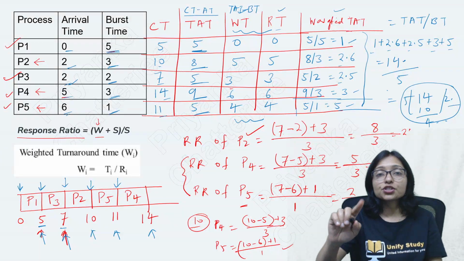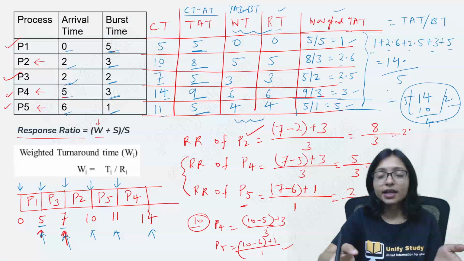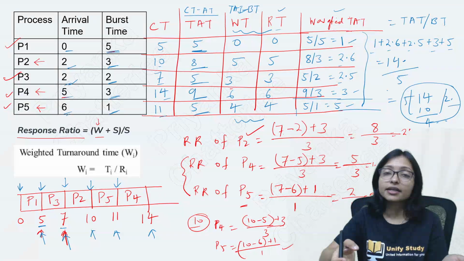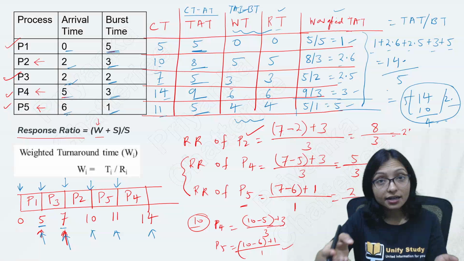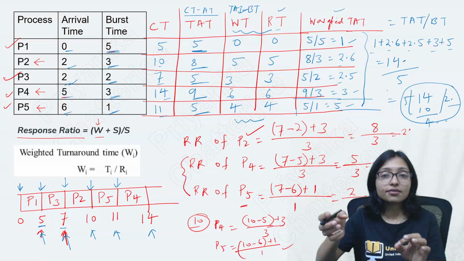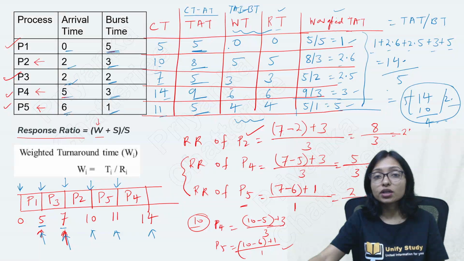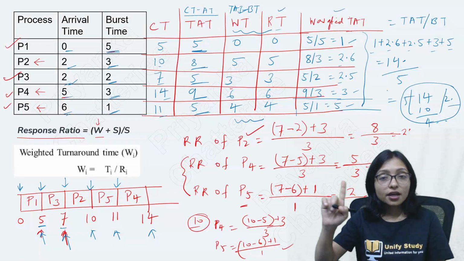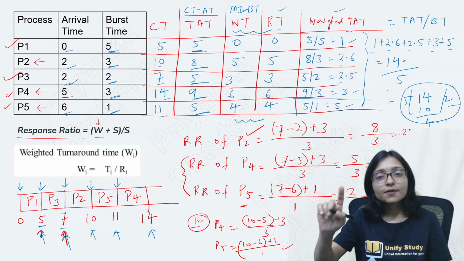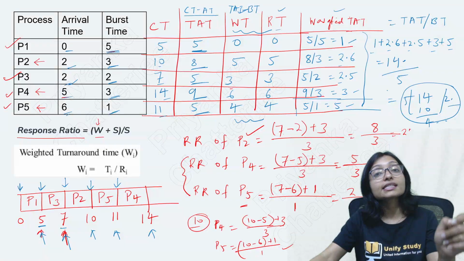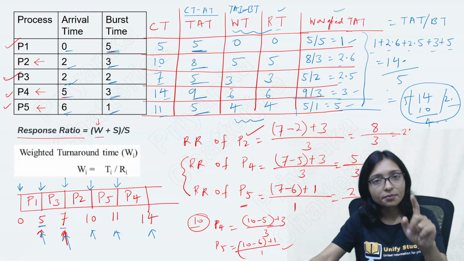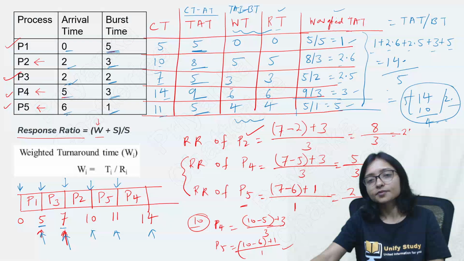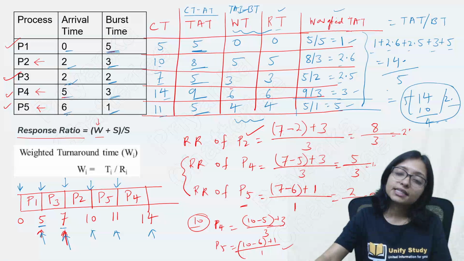In preemptive version, whenever you are doing round robin algorithm or preemptive priority algorithm or SRTF, shortest remaining time first algorithm, then waiting time and response time, you can get the difference. Definitely try to do it. Response time means when it is getting chance for the first time minus arrival time. Got it? So I hope this is clear.